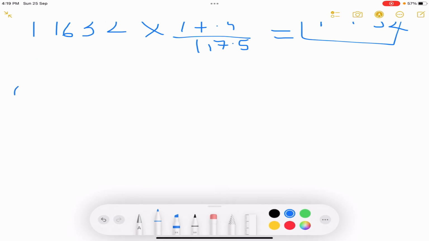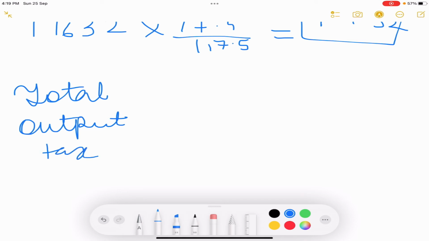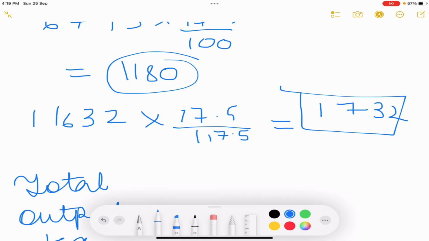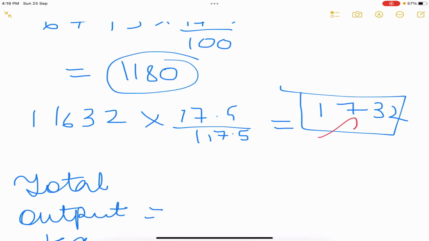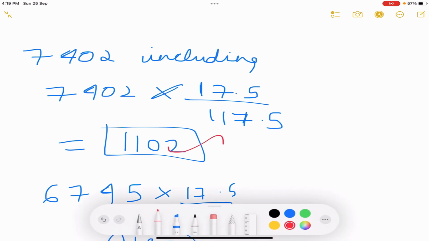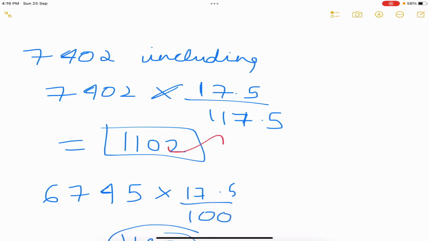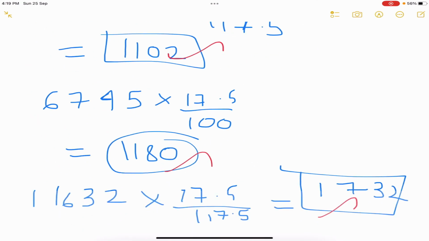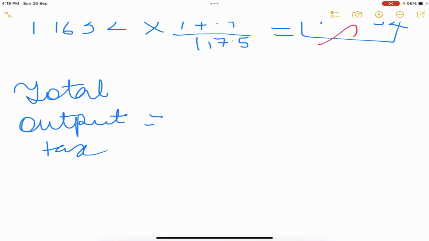So let's see the total output tax. What is the total output tax? You are going to add all of them. When you add all of them, what do you get? Add it and let me know what the answer is.